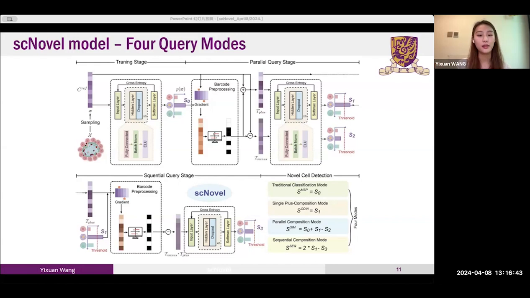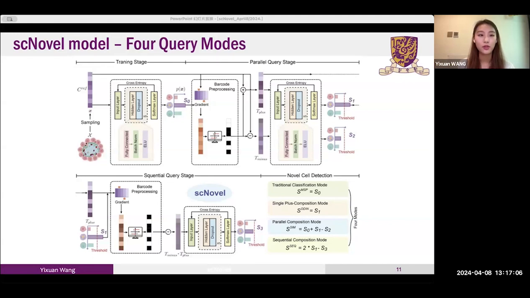Therefore, this shows the necessity of our incorporation of the barcode preprocessing module in this novel real cell detection task. I'm not going into more technical details about the other 3 score functions here, and if you are interested, please refer to our manuscript.